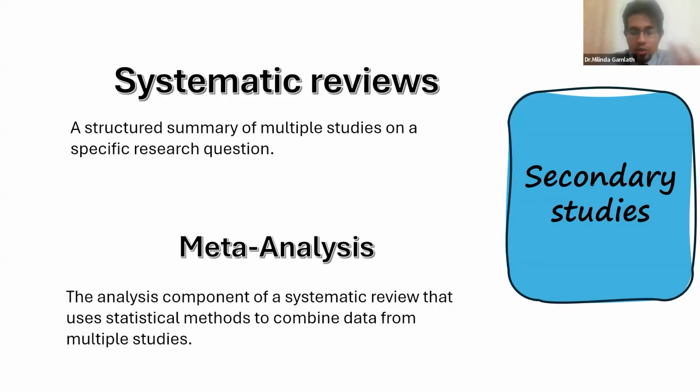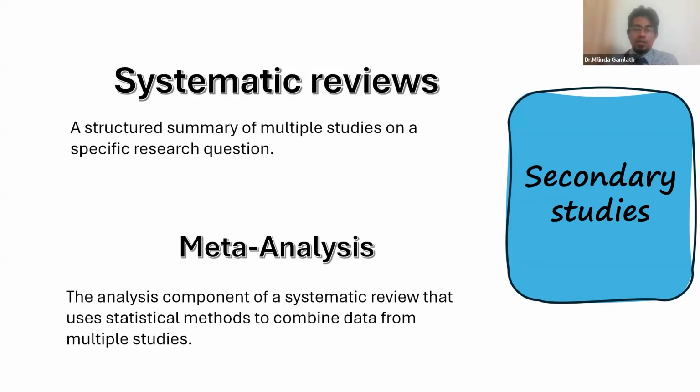You can have a study comparing two drugs done in different locations, done for even different groups, and then you can consolidate them into one study, right? In that consolidation, the analysis part of a systematic review goes by a special name, which we call meta-analysis.